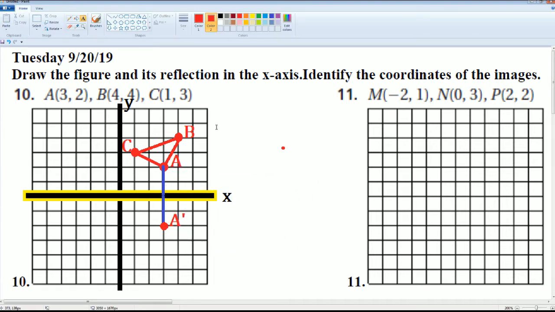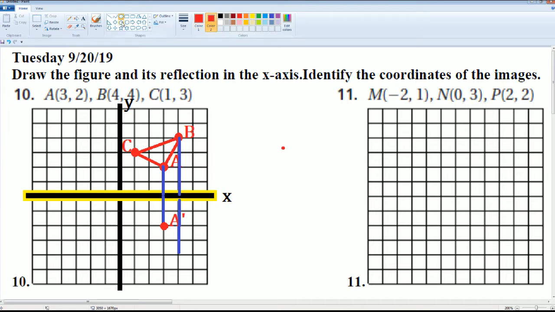Good? B. One, two, three, 4. Go grab B. It goes down 4 times. So it's also going to go down here. 1, 2, 3, 4. 4 times. Okay?